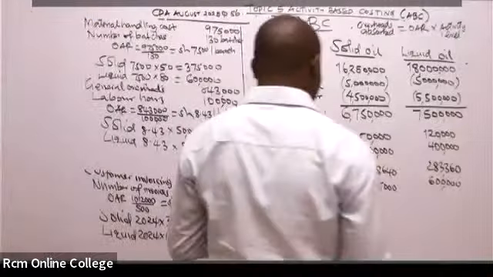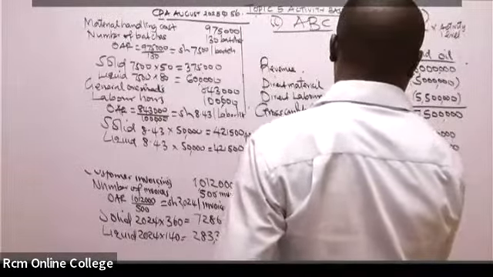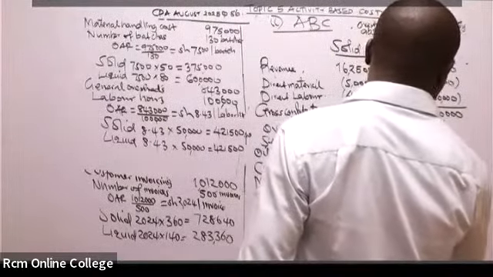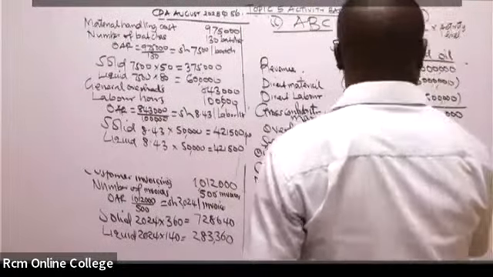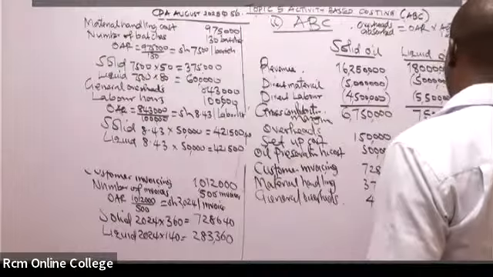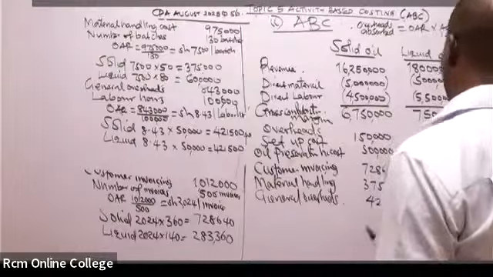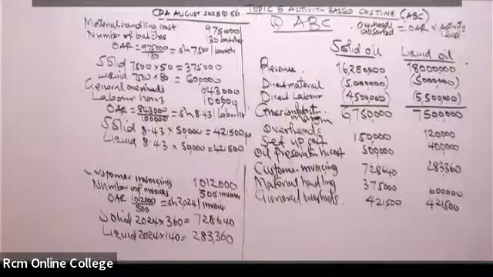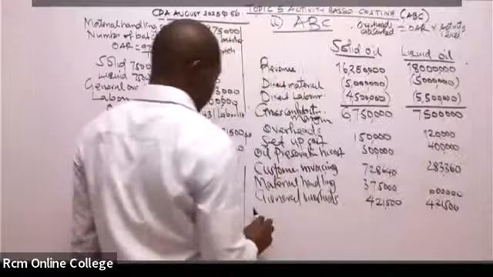So we have 421,500. Now the remaining assignment here is, can we now get the profit?